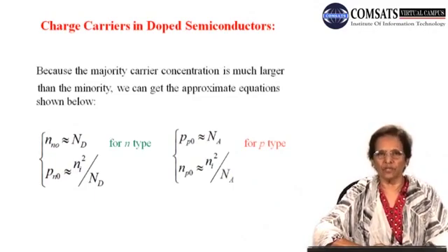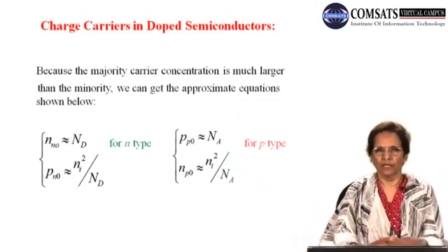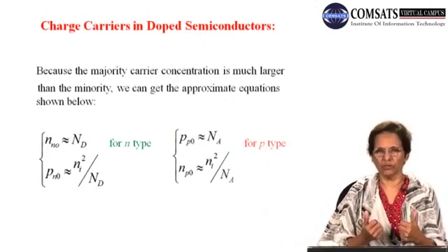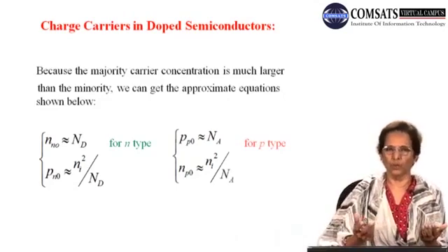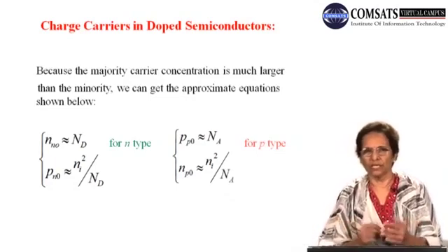There are two advantages of doping the material, that is, changing the pure characteristic of the semiconductor material. When I say characteristic, I mean carrier concentration. Number one, in the intrinsic material, both electrons and holes are equal, so you have to deal with an equal number of electrons and holes.